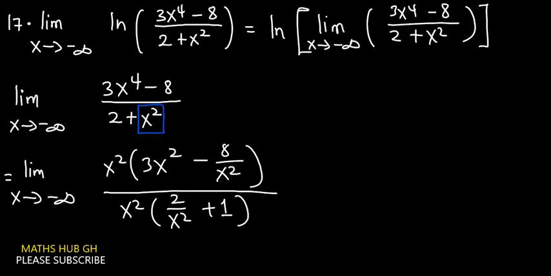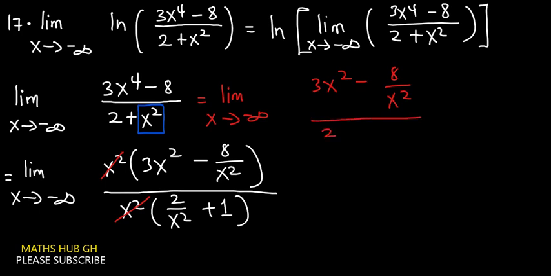So let's do the direct substitution. But before that, let's do the cancellation. Now we are going to have the limit as x approaches minus infinity for 3x squared minus 8 over x squared, divided by 2 over x squared plus 1.